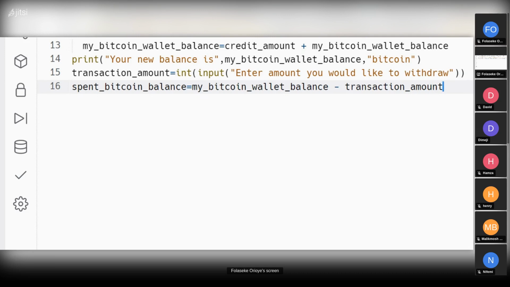Yes. What they are trying to tell us is the money that was spent out of our Bitcoin balance. What formed it was the Bitcoin wallet balance minus the transaction amount. That's what made the spent Bitcoin balance. All right, thank you, everyone. I appreciate all the contribution.